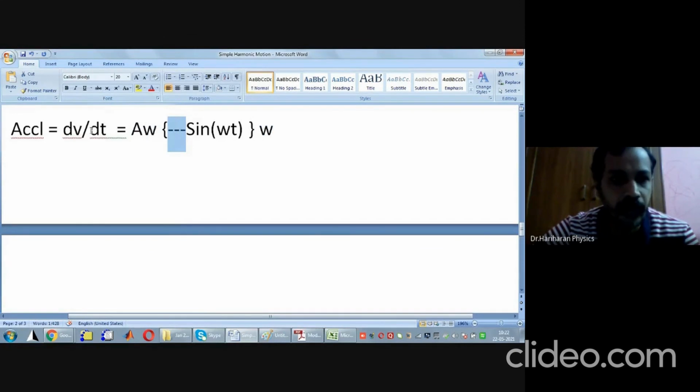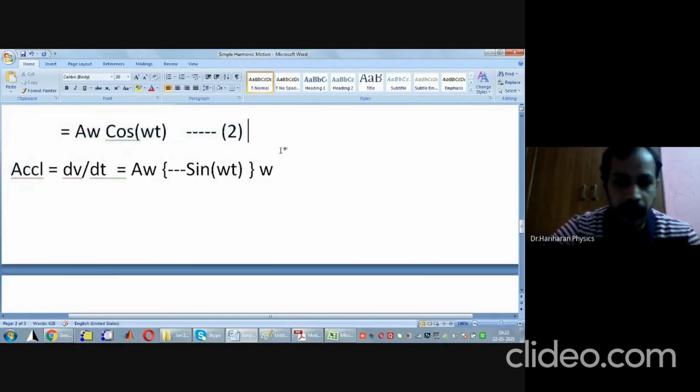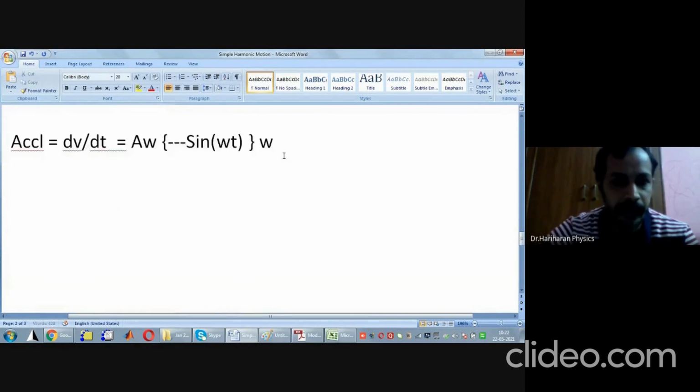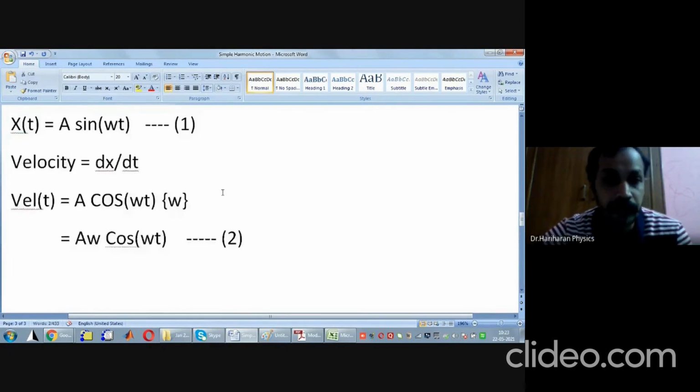So therefore, what is the equation for acceleration for a particle performing simple harmonic motion? Acceleration is equal to minus A omega square, omega to the power of 2, into sine of omega t. What is A into sine of omega t from equation 1?